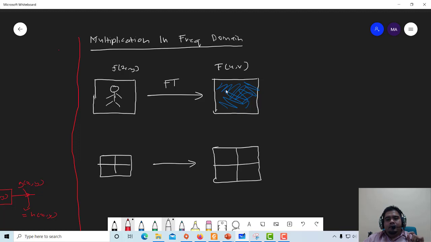If you display that image matrix as a picture, you cannot interpret anything, okay. So if you have this kind of image and you convert it with the Fourier transform, this is how it should look: a meaningless image.